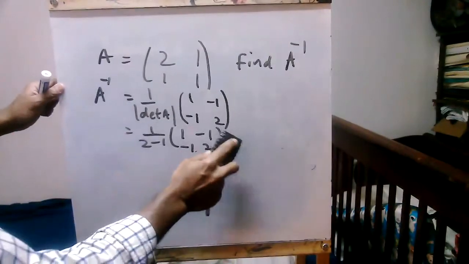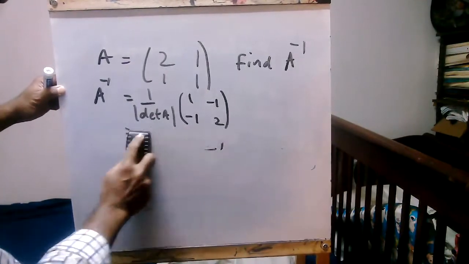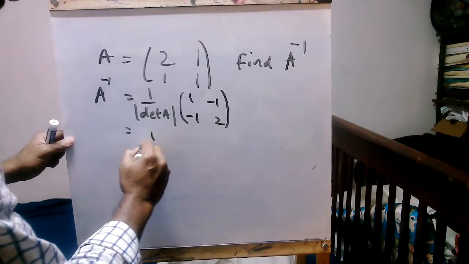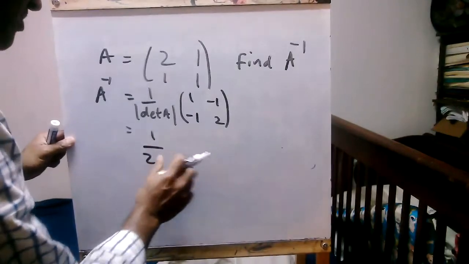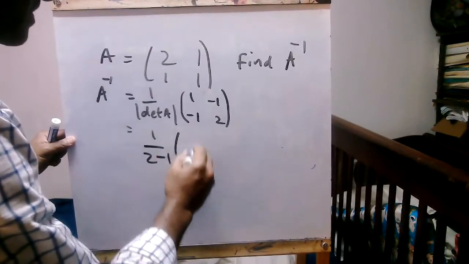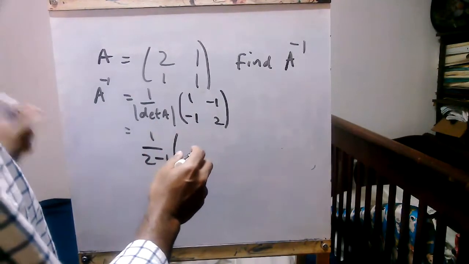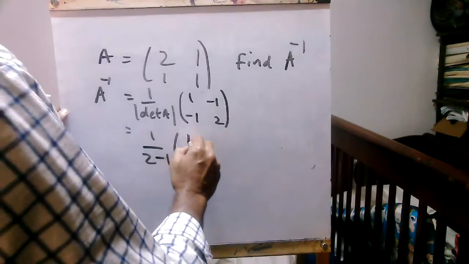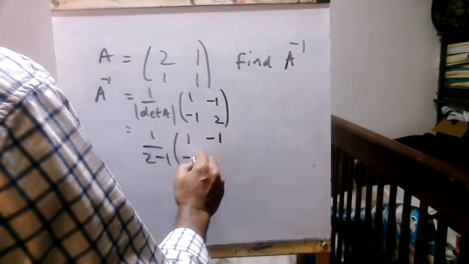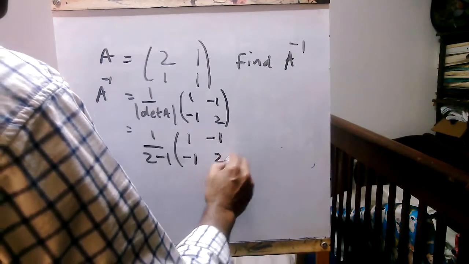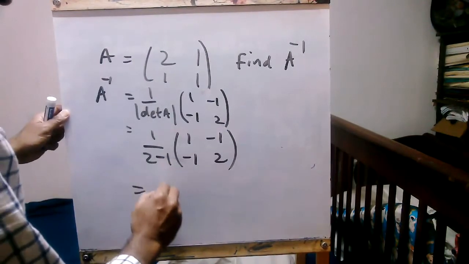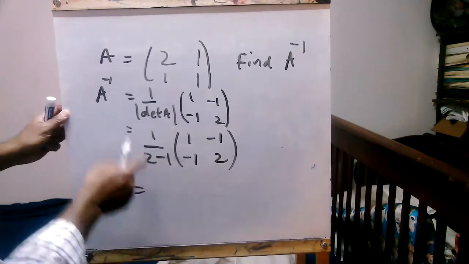If it is unclear, I'm gonna write that again. 1 over 2 minus 1. Two minus 1 is 1, 1 over 1 is 1.